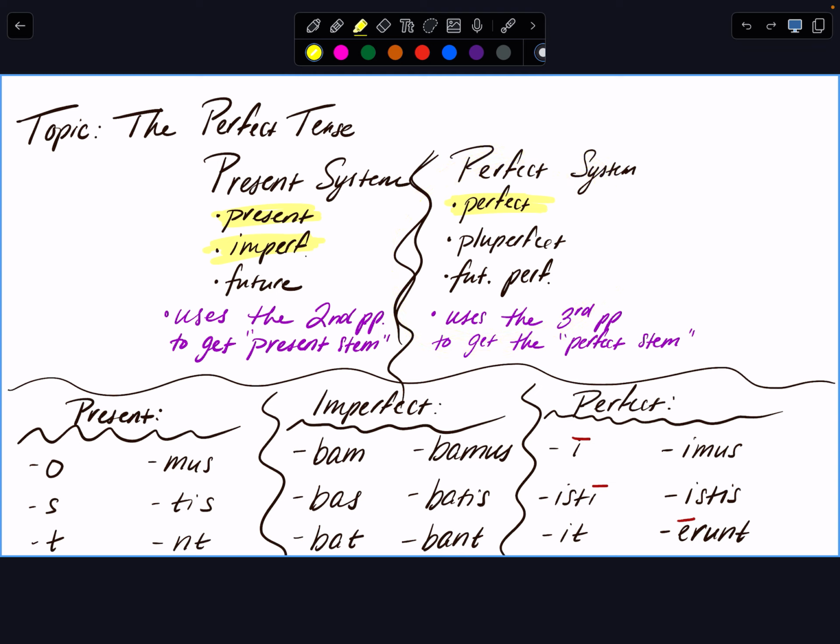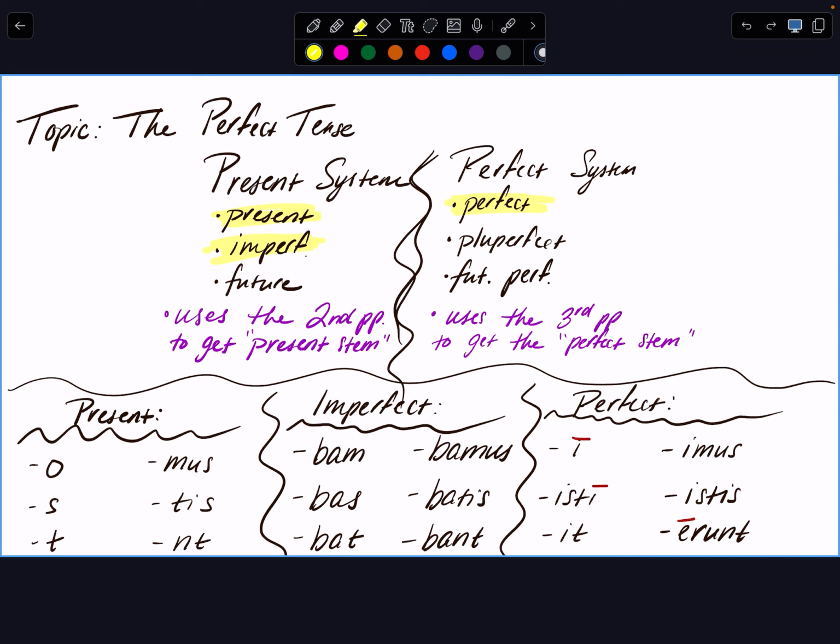But in the present system, we've got a present tense, a type of past tense, and the future tense, all in one system. So really, the only distinction is, when you form the words, what principal part are you getting the stem from? It has nothing to do with the time when the verbs are happening, if that makes sense.